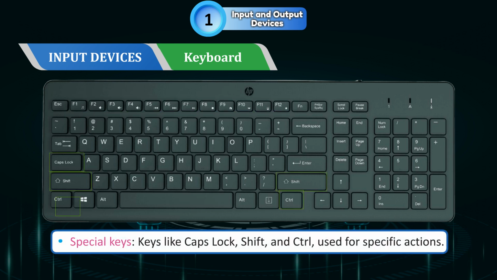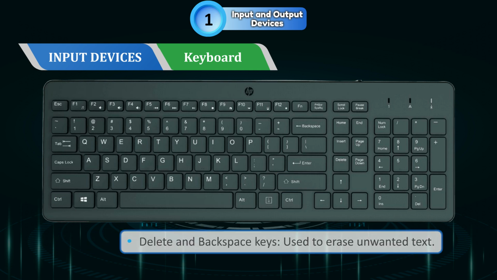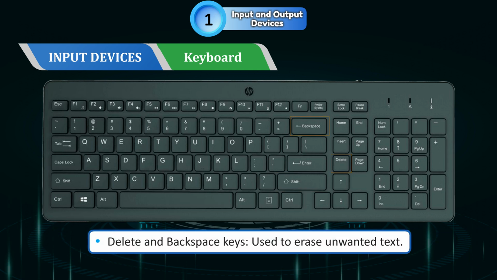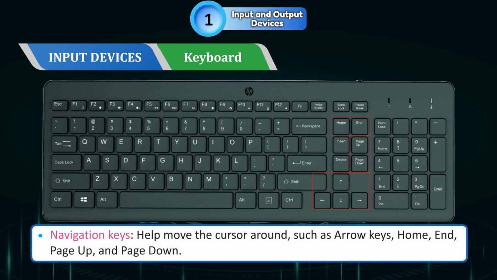Special keys, keys like Caps Lock, Shift, and Control, are used for specific actions. Delete and Backspace keys are used to erase unwanted text. Navigation keys help move the cursor around, such as arrow keys, Home, End, Page Up, and Page Down.